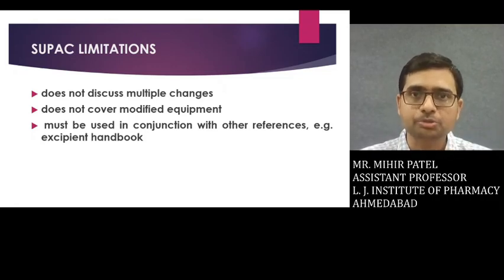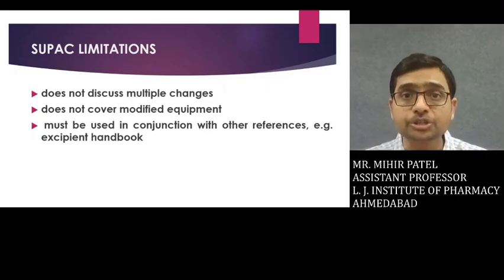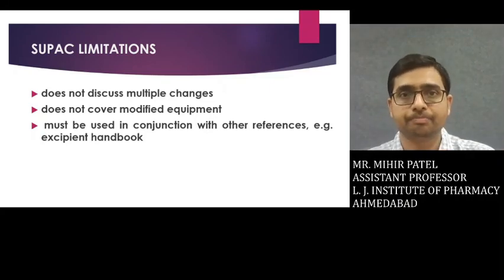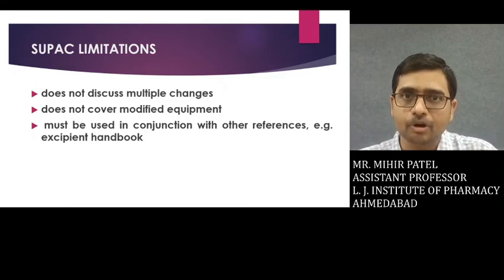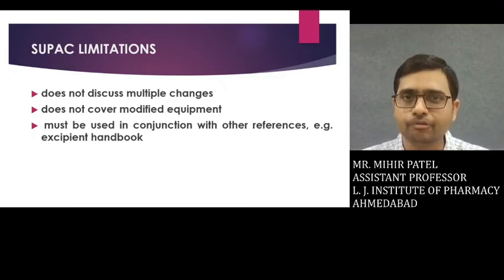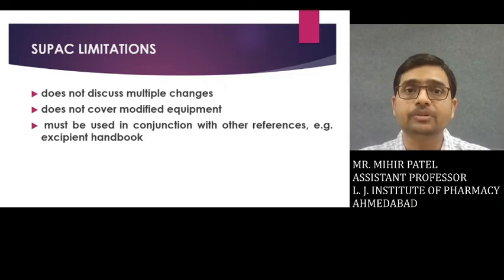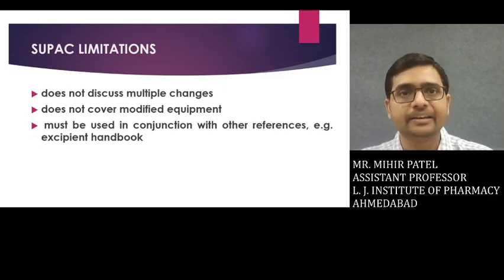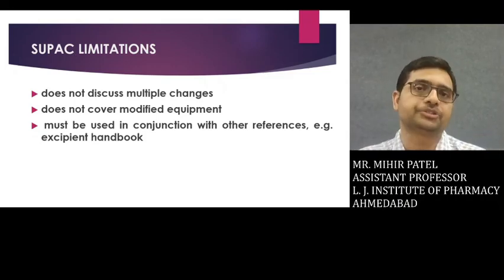So it must be used in conjunction with other references. That means while following this guideline, we have to go for referencing. For example, we have to use the excipients handbook. That gives some relevance and an idea regarding the quality of the formulation.